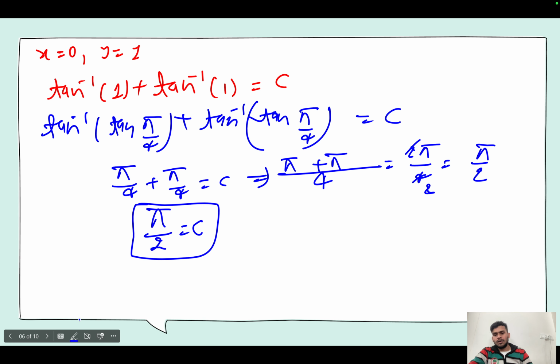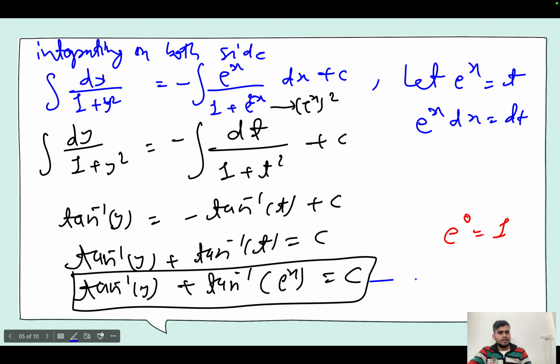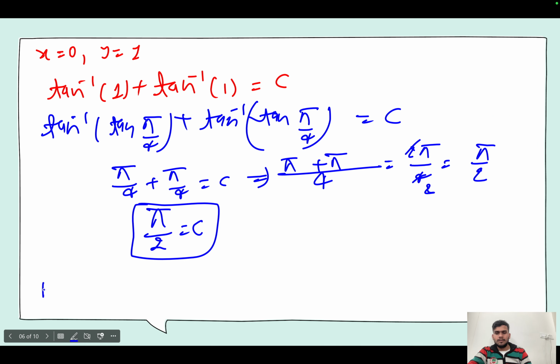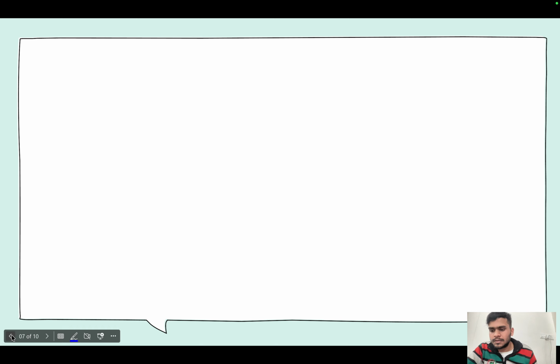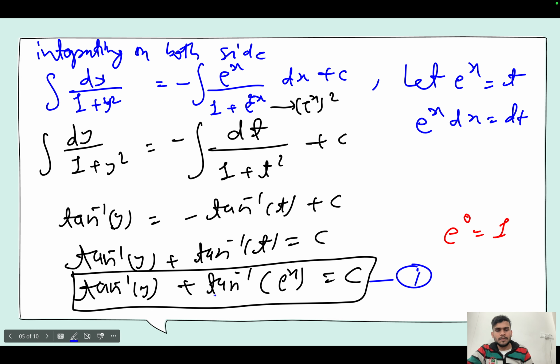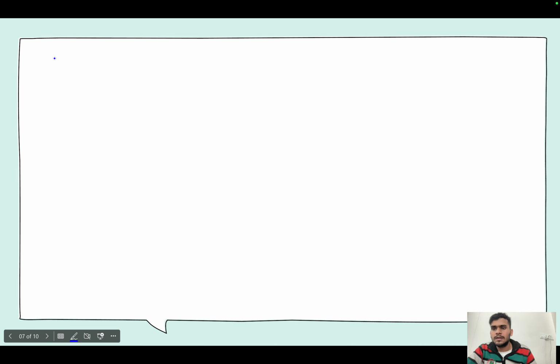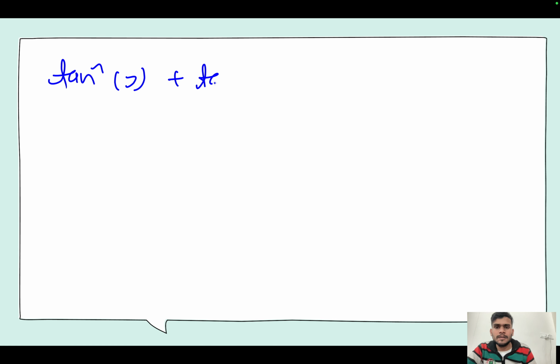Now put the value of c in equation 1. So what we will get: tan inverse y plus tan inverse e to the power x is equal to pi by 2.